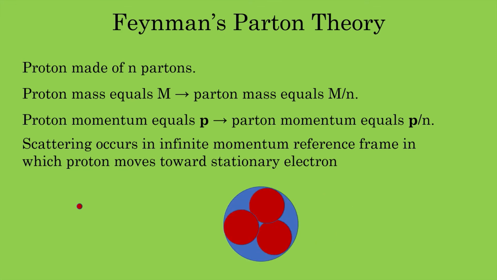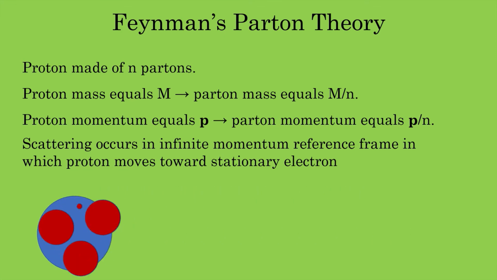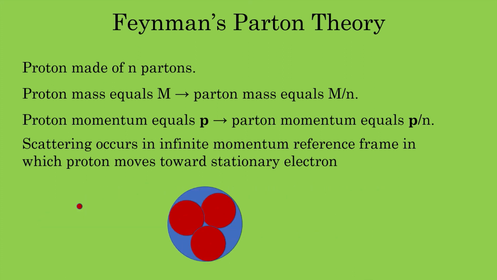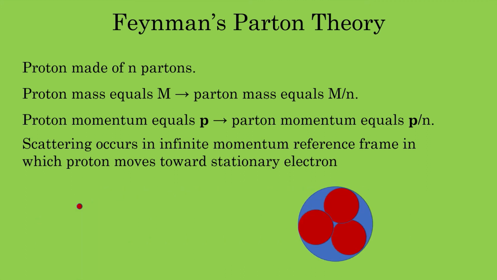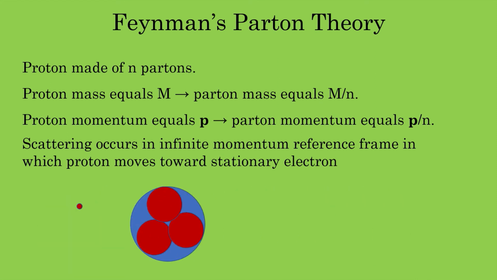They used a theory devised by Richard Feynman he called Parton theory, in which, in the infinite momentum reference frame, the electron is considered stationary and the proton moving toward it. This causes the particles inside the proton, the partons, to slow down due to relativistic time dilation.